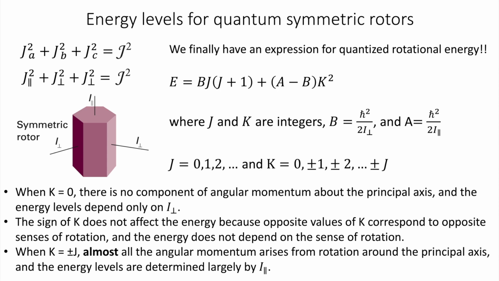I encourage you to maybe pause the video for a moment and focus on that equation at the top. That energy equals BJ(J+1) plus (A minus B)K squared, because that was the one that dealt with the energy levels due to rotation, but specifically for the symmetric rotor. And remember, there are different types of rotors. The symmetric rotor was one type.